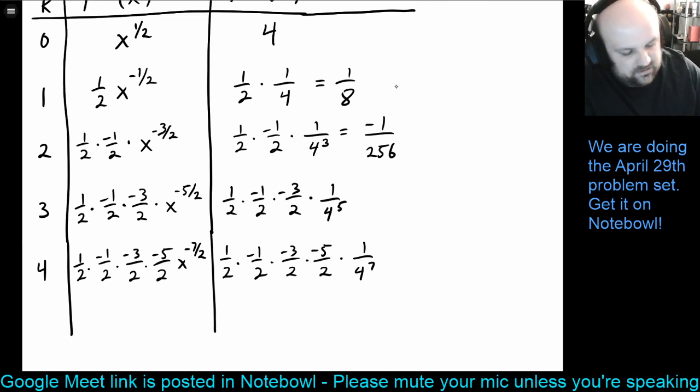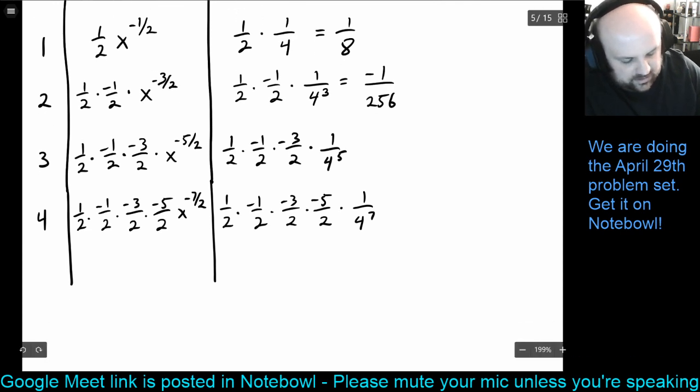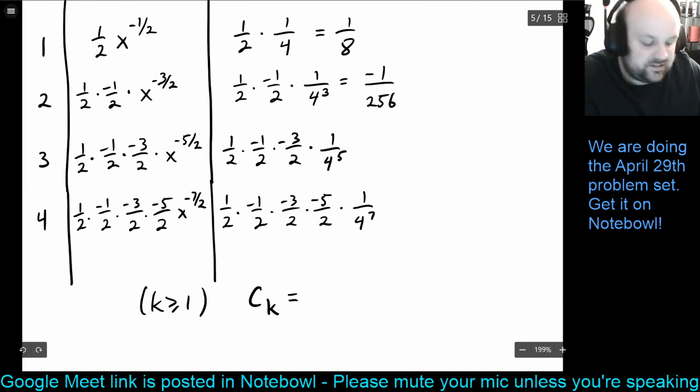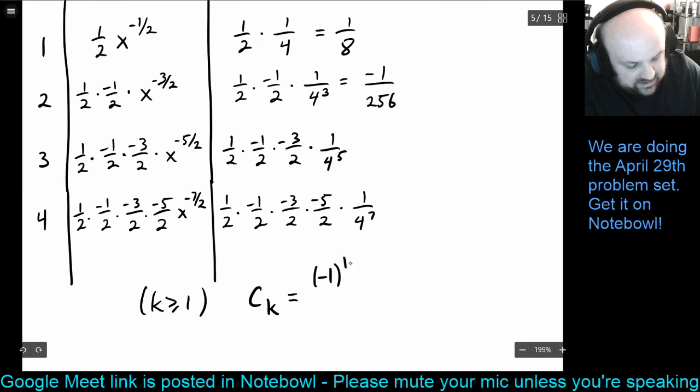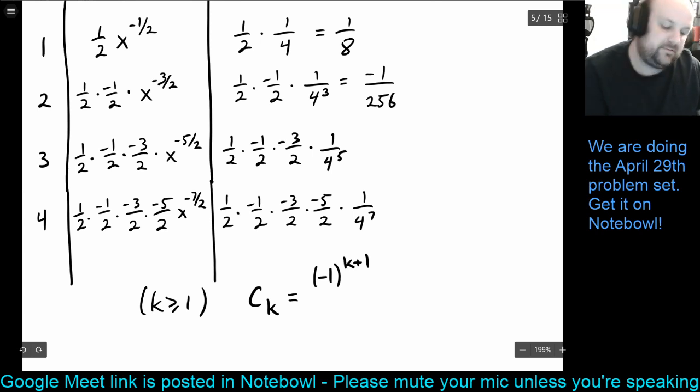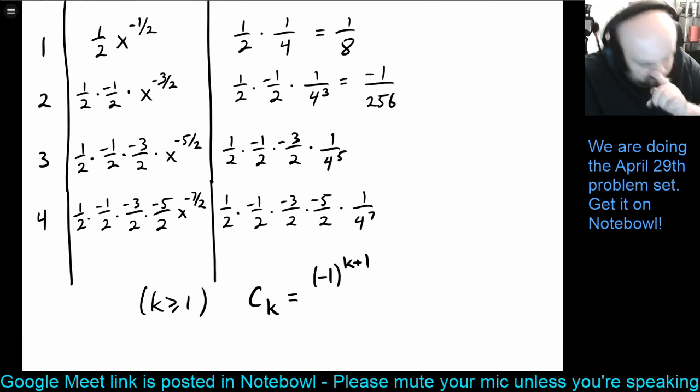But if we start from here, so here this is for k greater than or equal to 1. These coefficients, first off, it's -1 to the k plus 1, because we have that alternating bit.